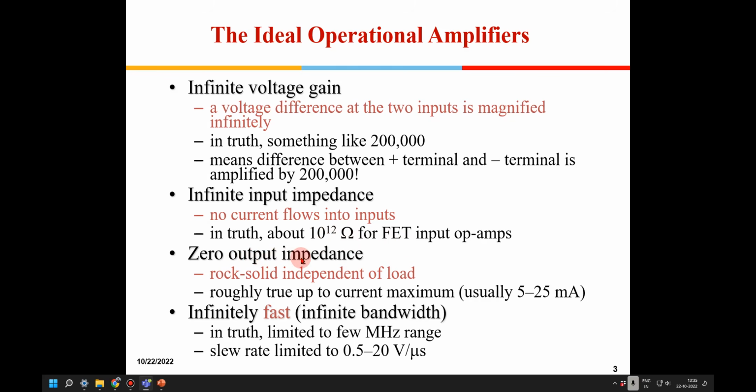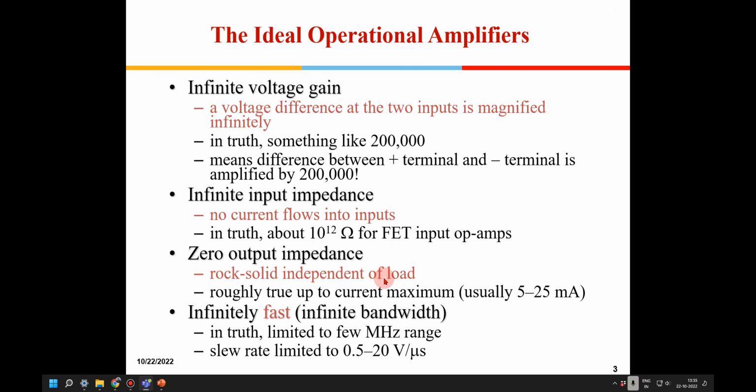Then zero output impedance, which means the output gain should not depend on the load. In our normal differential amplifier, the output load had a say in the total gain.